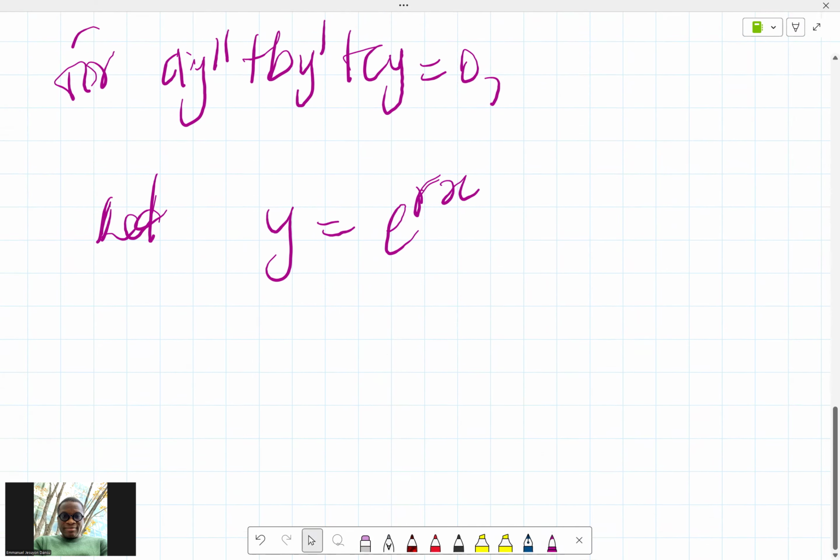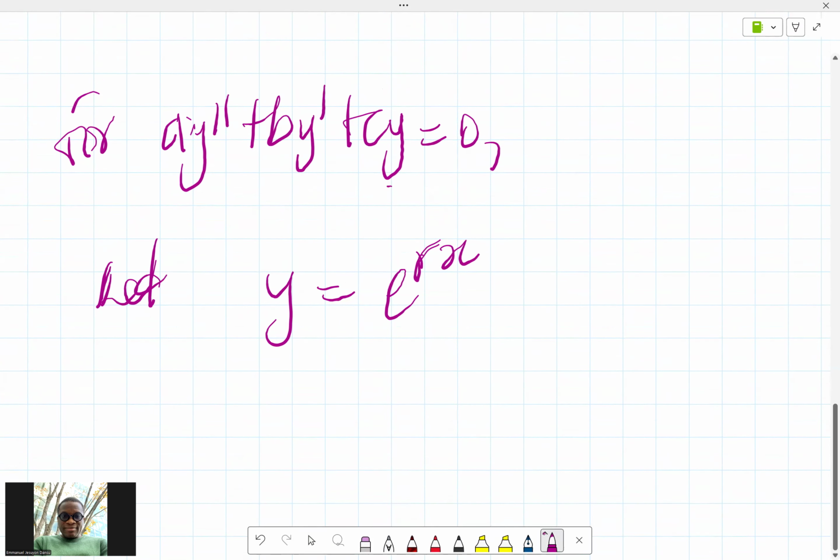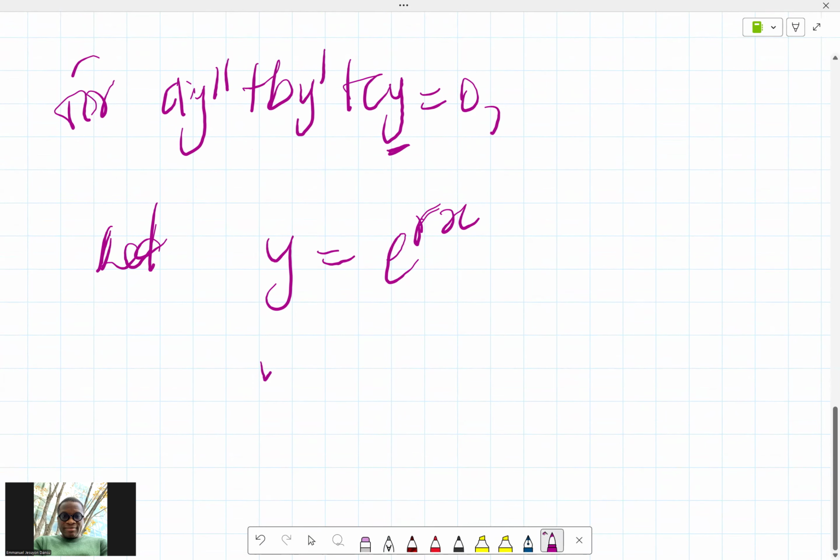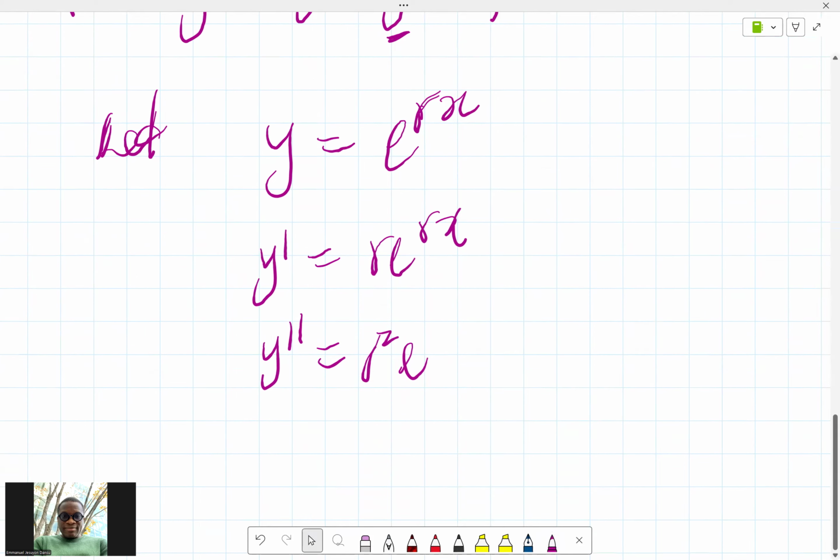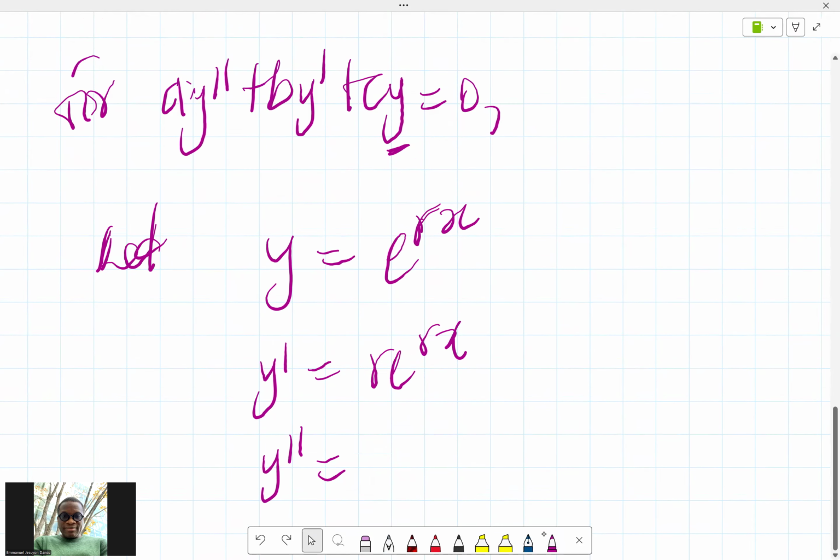Then y prime, when you differentiate, is r e raised to power rx, and y double prime is r squared e raised to power rx.